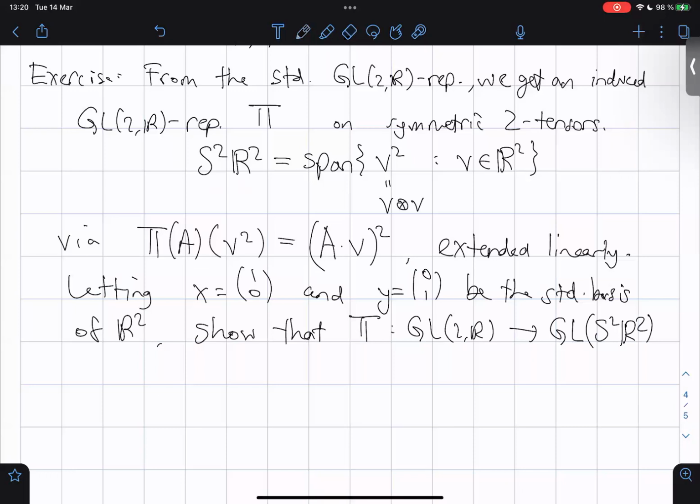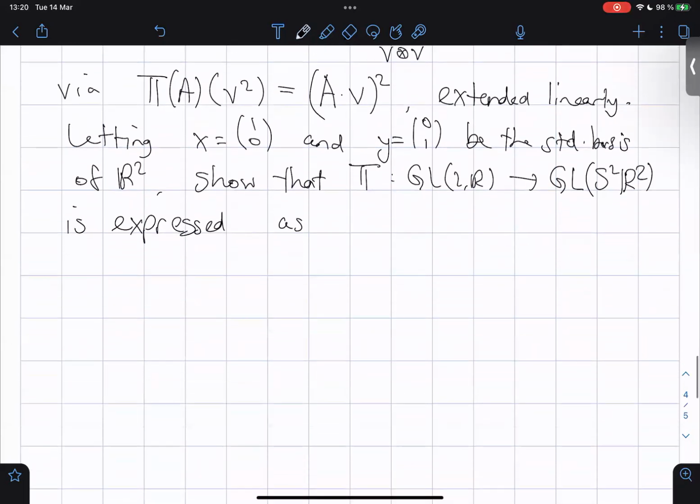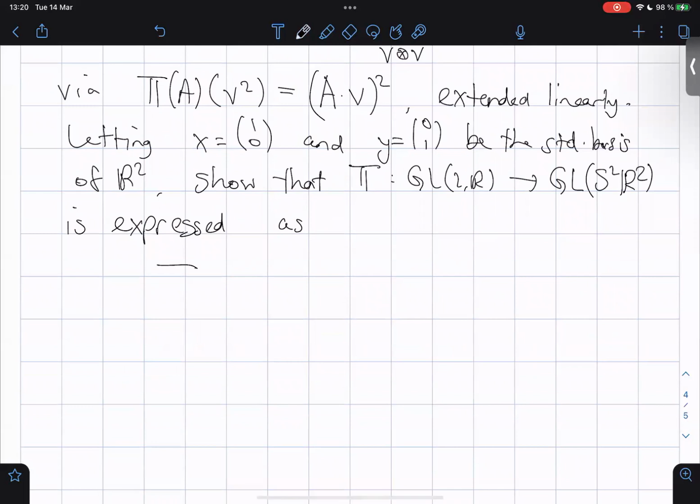This is expressed as the following. I'll think about elements of GL2 as usual as invertible matrices with components a, b, c, d, with ad minus bc being non-zero.